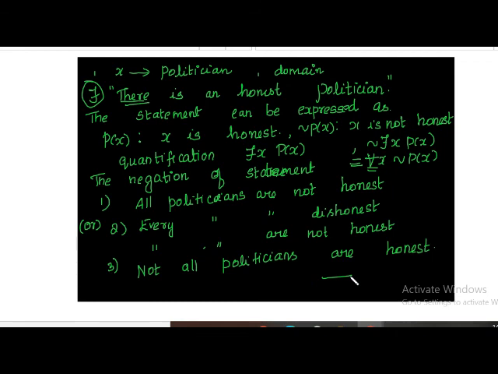Next, every politician is dishonest, or every politician is not honest. Third, you can express it another way as not all politicians are honest. In this way you can express the statement.